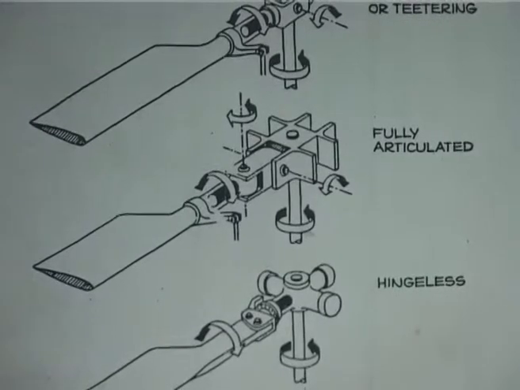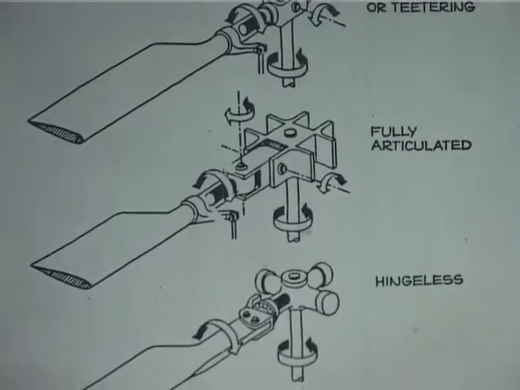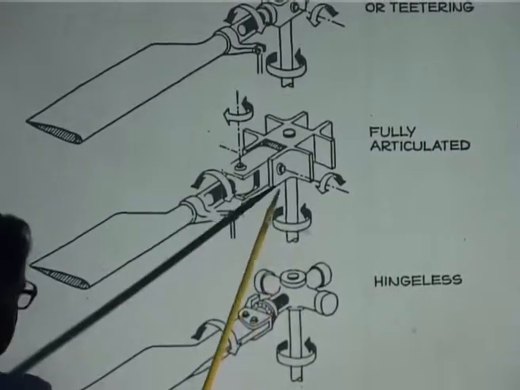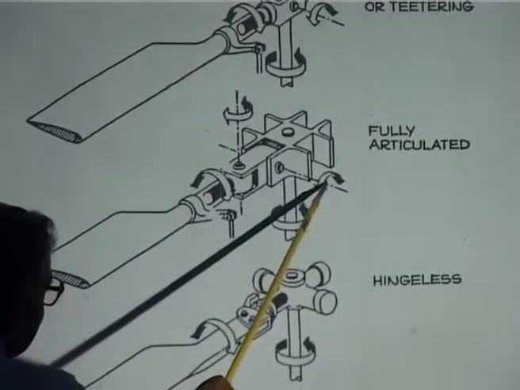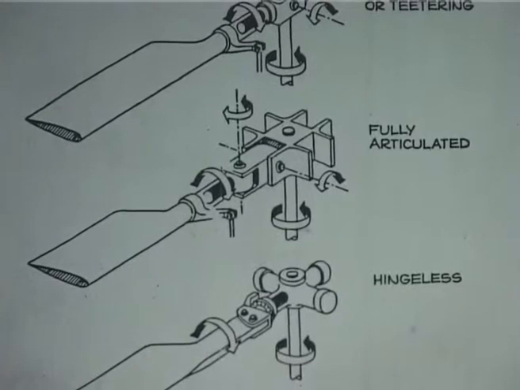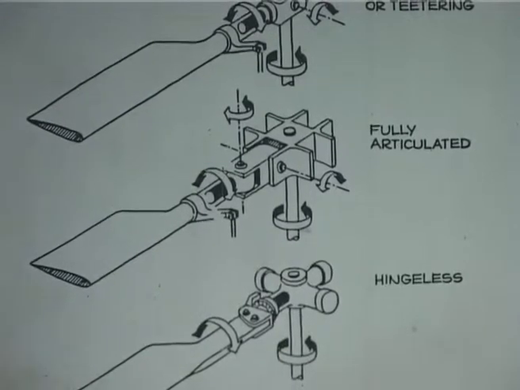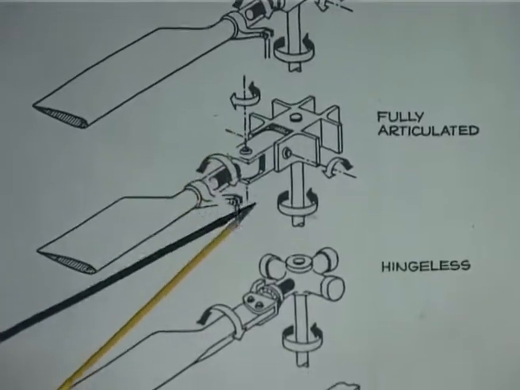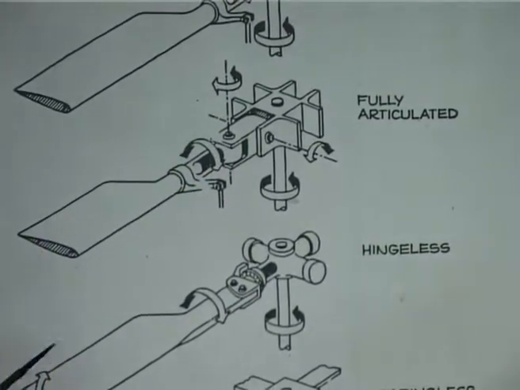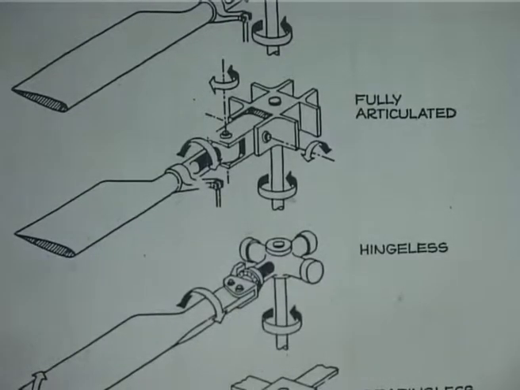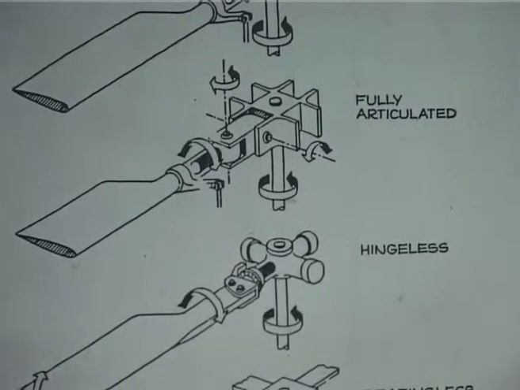Then I have two physical hinges, please understand. One hinge is this, that is flap. Another physical hinge is here, that is lead lag. So, you have two hinges, one bearing.